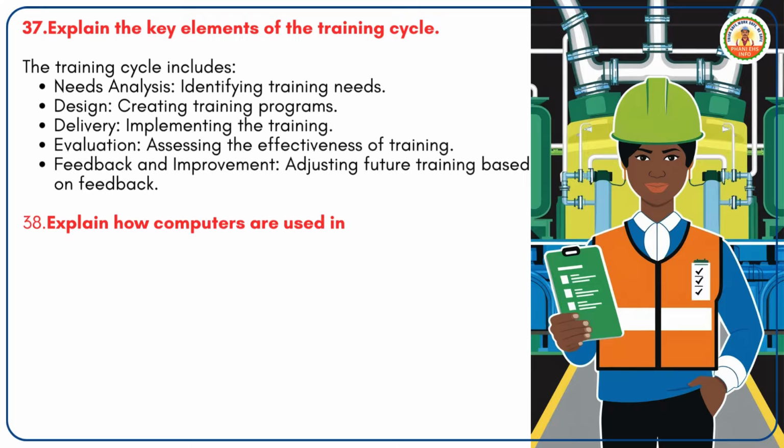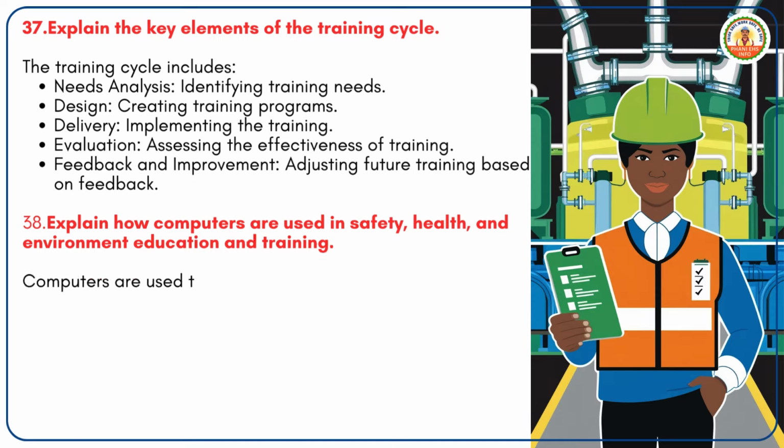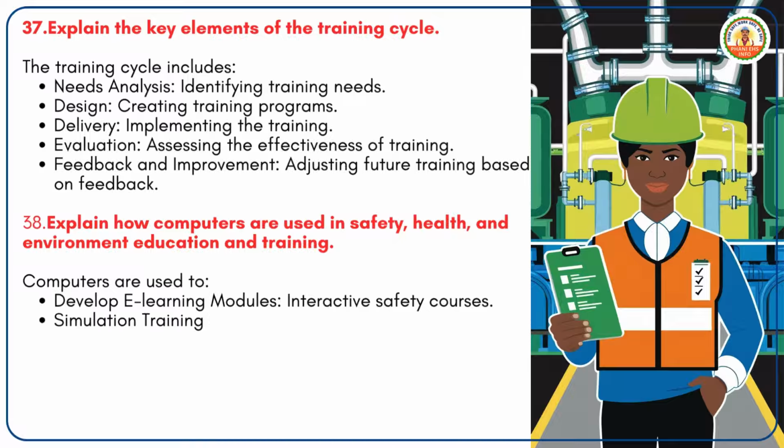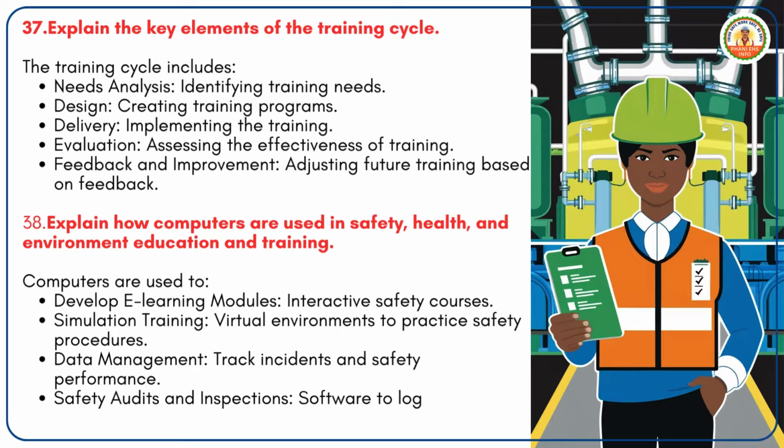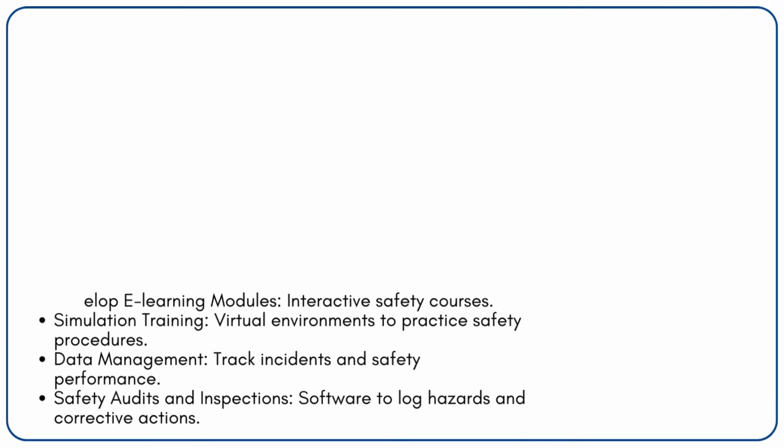Explain how computers are used in safety, health, and environment education and training. Computers are used to develop e-learning modules, interactive safety courses, simulation training, virtual environments to practice safety procedures, data management, track incidents and safety performance, safety audits and inspections, software to log hazards and corrective actions.